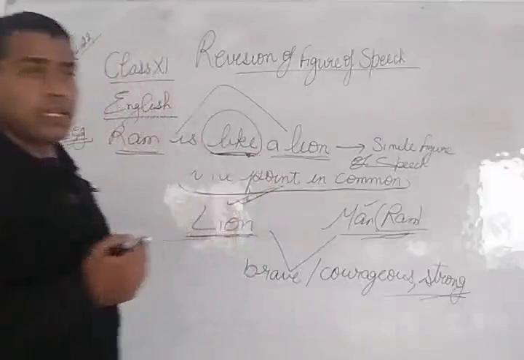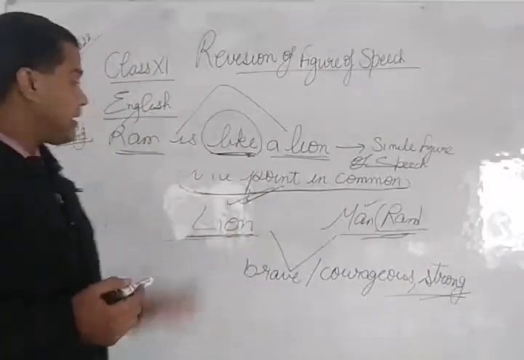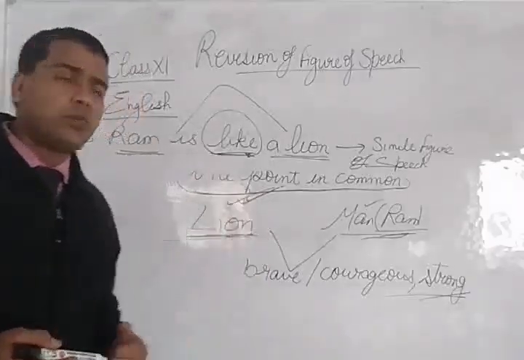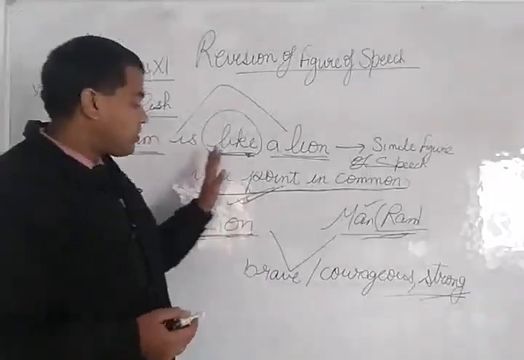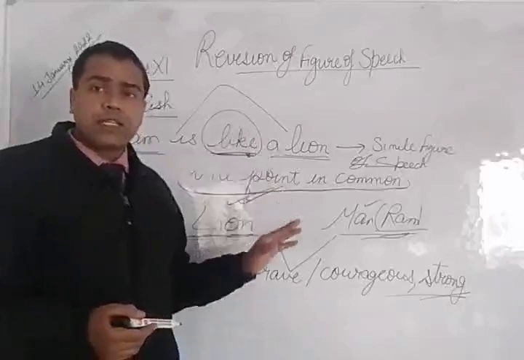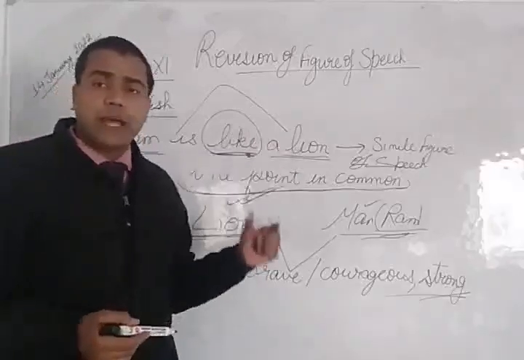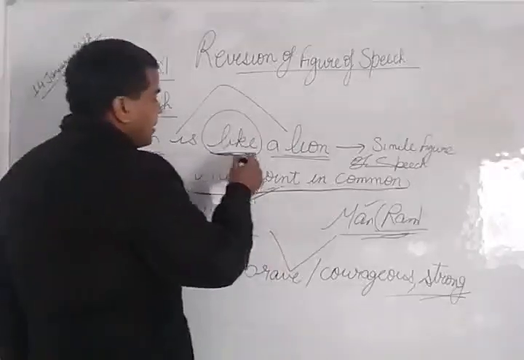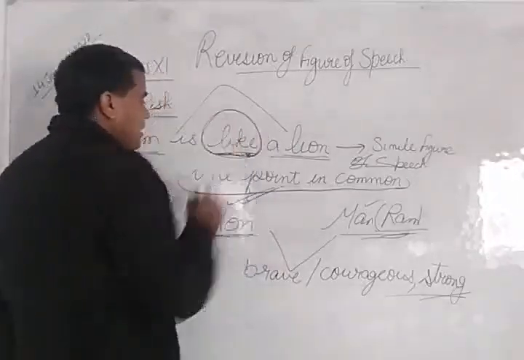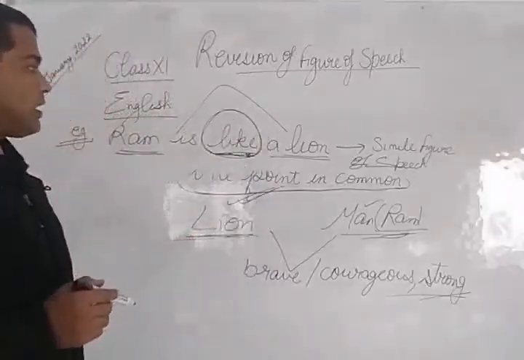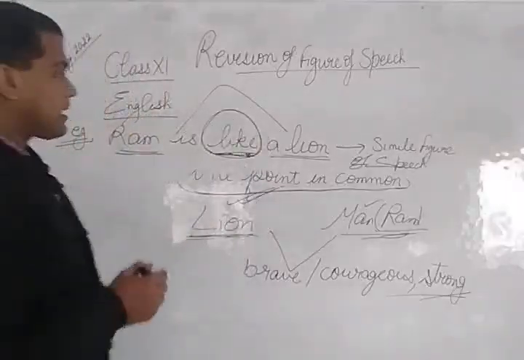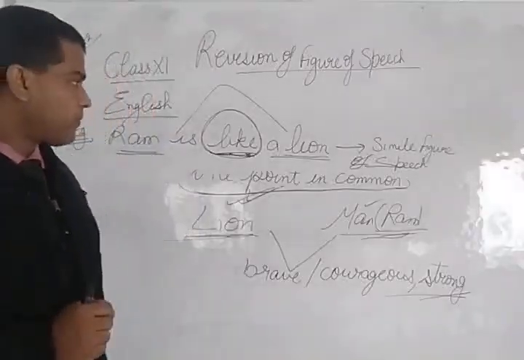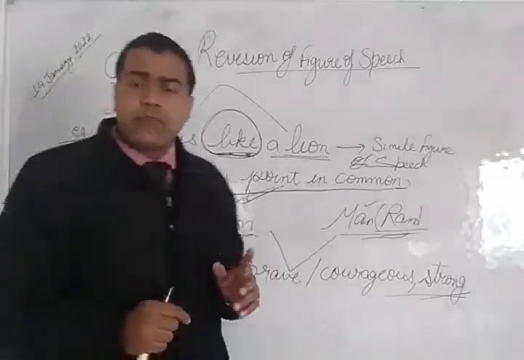Here he is not saying Ram is lion; it is said that Ram is like a lion. It is assumed that Ram has courage like a lion, energy like a lion. That's why this word like gives us knowledge that this sentence consists of simile figure of speech. Okay. Now this concept is clear.